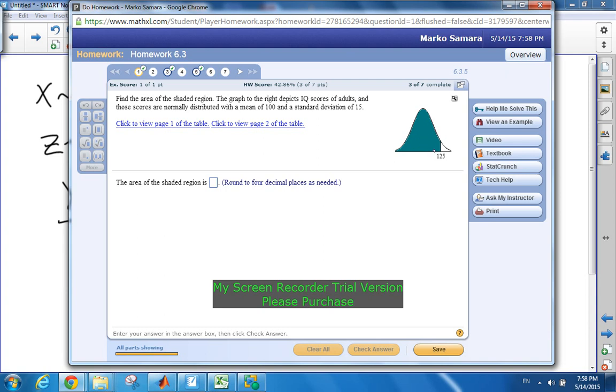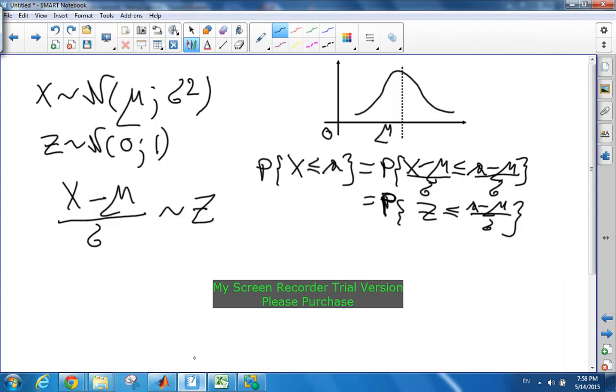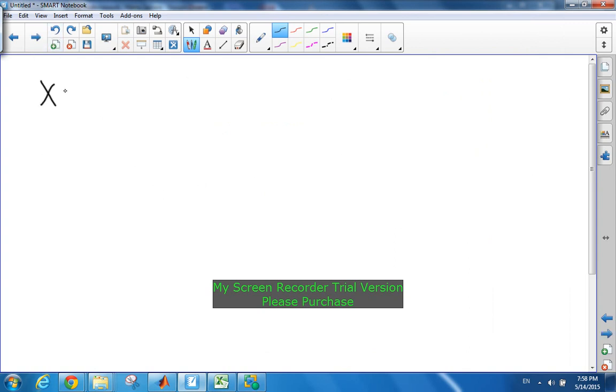What is the probability that this random variable is less than or equal to 125? So we are given that x is normally distributed with mean 100 and variance 15 squared.